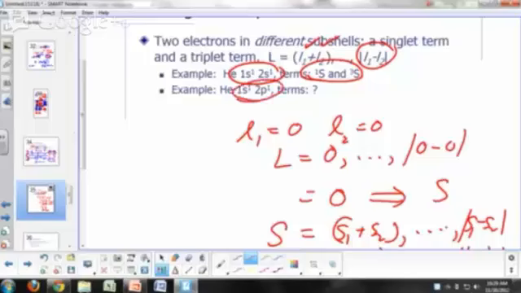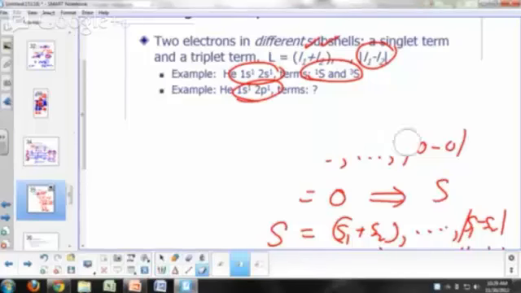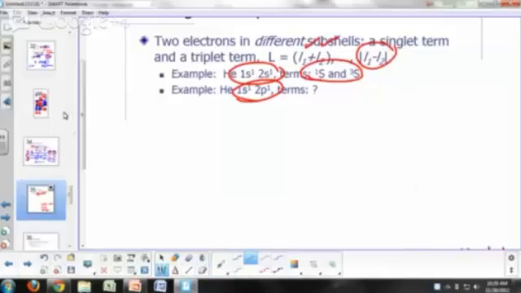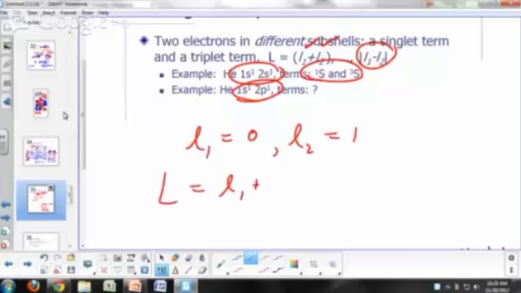How about helium 1s1, 2p1? What would be your terms from that? L1 is 0, L2 is 1. Okay, so what are possible L's? L1 plus L2 all the way down to absolute value of L1 minus L2.